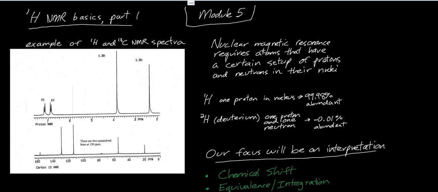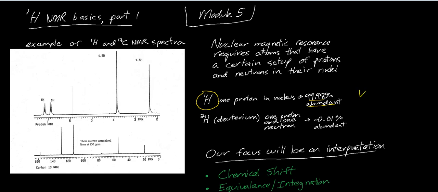Nuclear magnetic resonance needs certain kinds of atoms with certain arrangements in the nuclei to be visible in the technique. We're fortunate that the proton, the normal abundant proton that exists in most molecules, is 99.98% abundant.